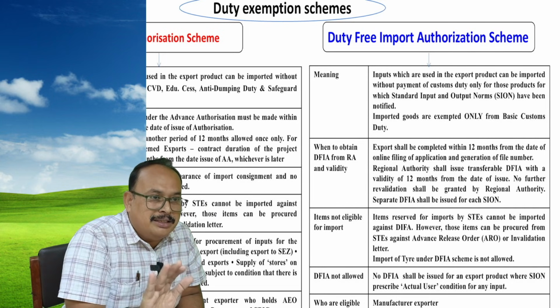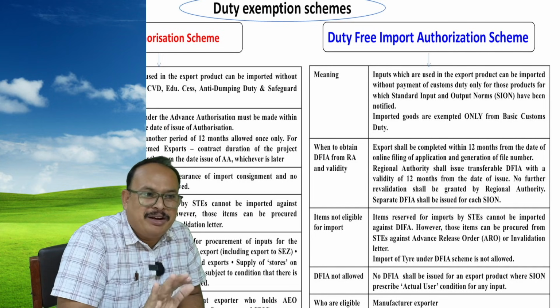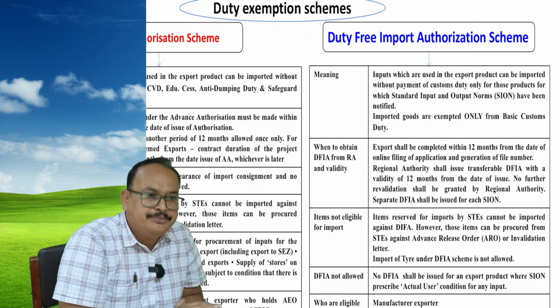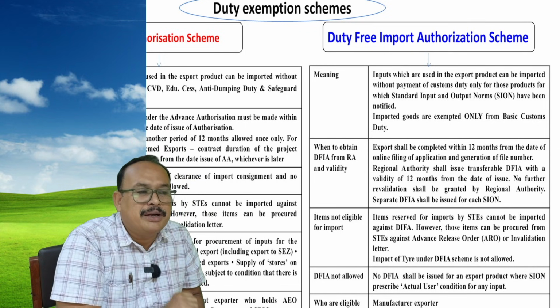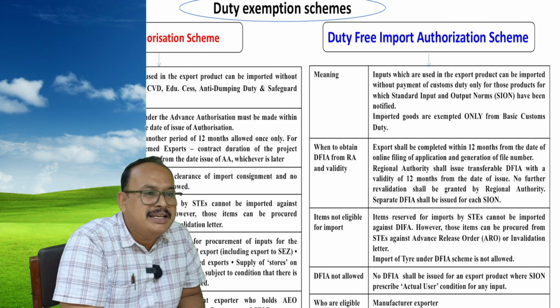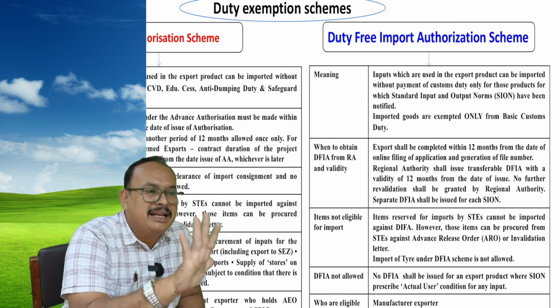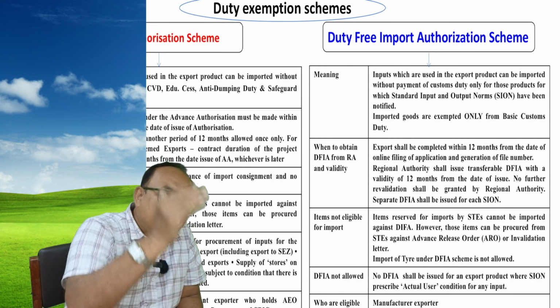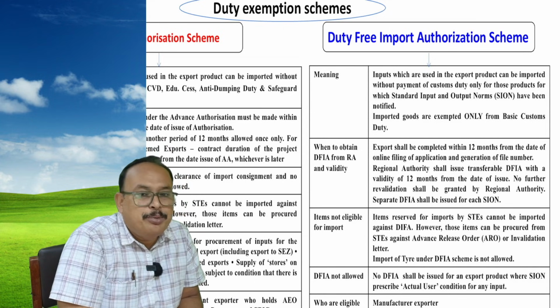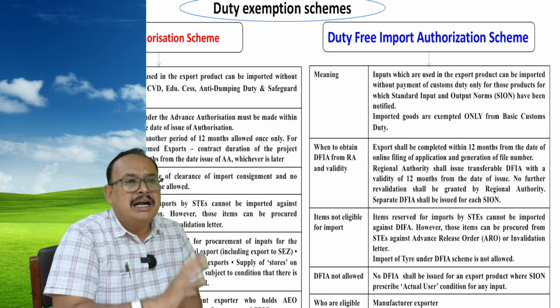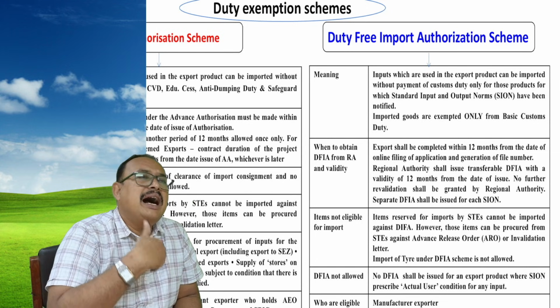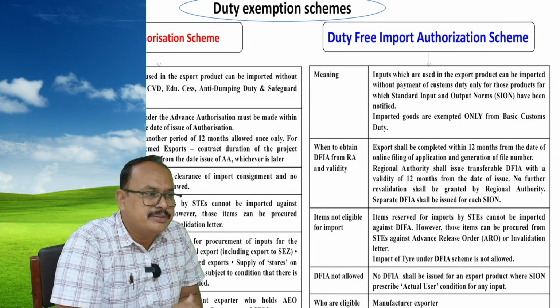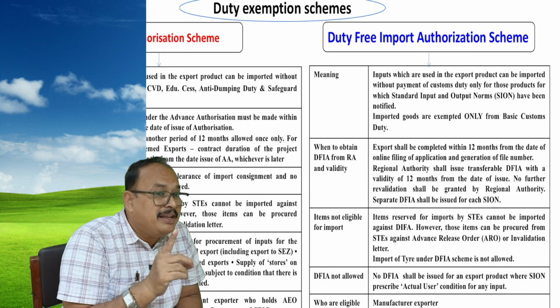Actually, I imported, first step, A, B, C, D, worth 100 lakhs. I manufactured. When I import, I pay the import duty. After I manufactured, I exported with the valuation of 100 lakhs. Now I am eligible for a DFIA.